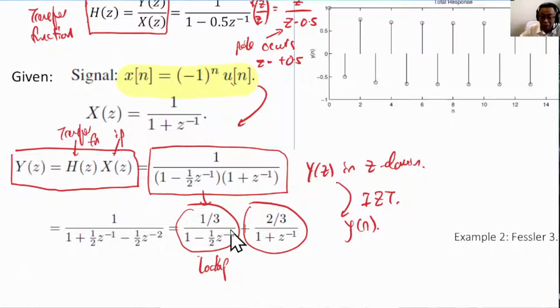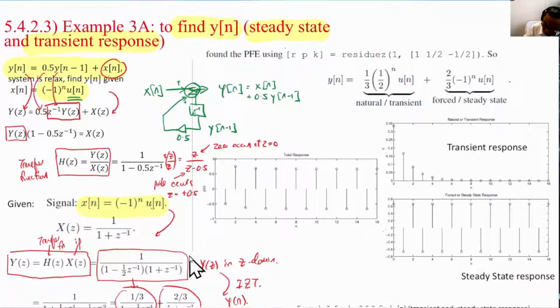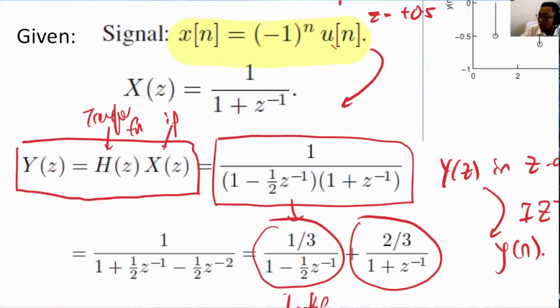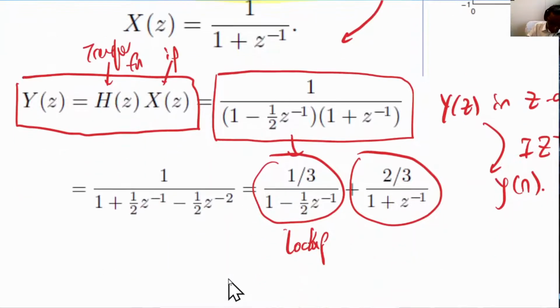In this example, well, if you do not know how to do the Z-Transform, please revise. I'm just going to use MATLAB to show you. We'll deal with this equation. The numerator is 1, the denominator is 1, half and minus half in descending powers of z. Because they're in descending powers of z, we have the numerator as 1 and the denominator as 1, half and minus half.